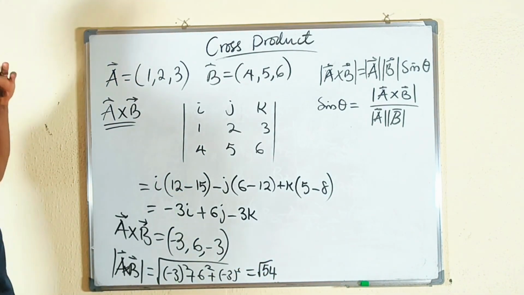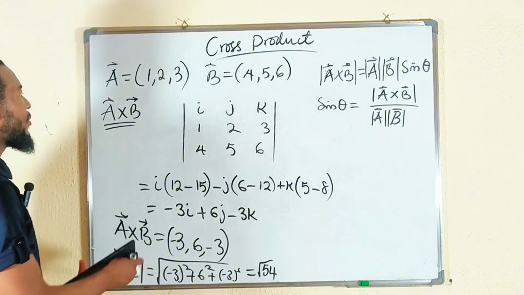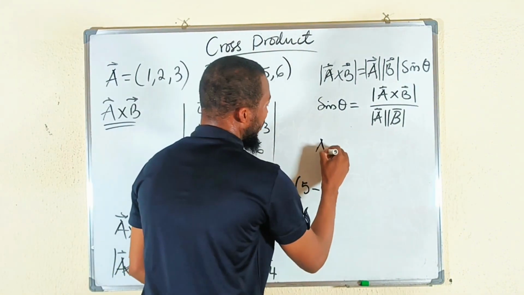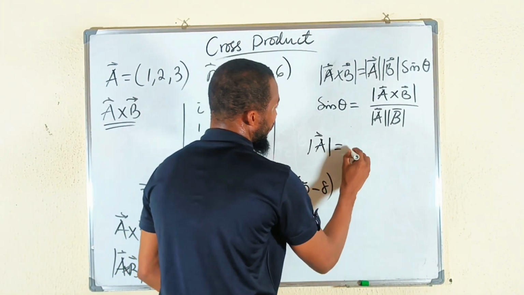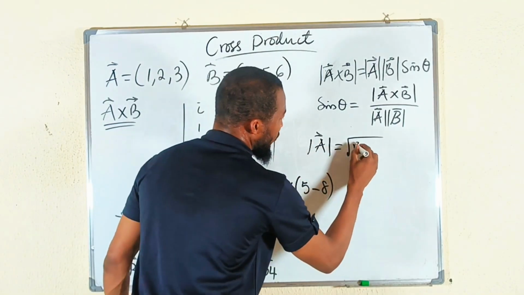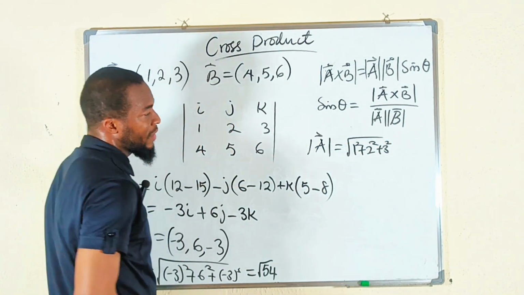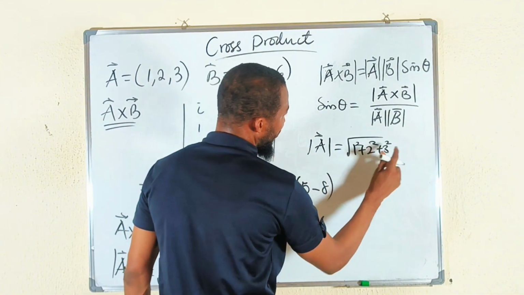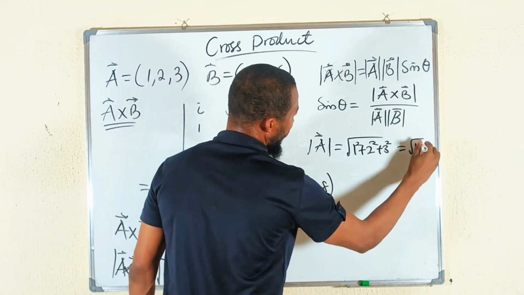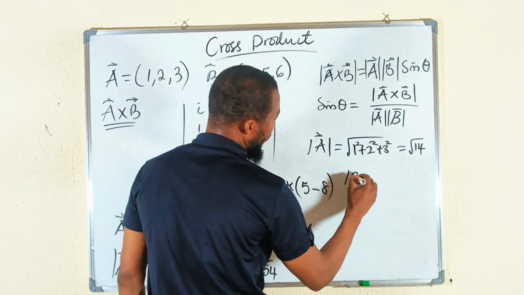Now what about the magnitude of A? Let's find the magnitude of A. This is the square root of 1 squared plus 2 squared plus 3 squared. 1 plus 4 is 5, plus 9 is 14, so this is square root of 14. Then what about the magnitude of B?